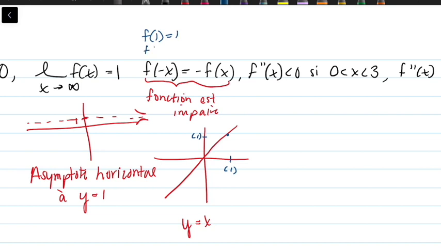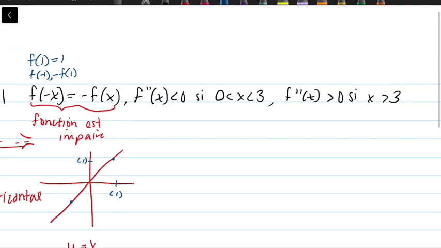Well, then f de moins 1 is going to be moins f de 1, and f de 1 is 1, so moins f de 1 is going to be moins 1. It's like a mirror image, but opposite. Fonction pair would be a mirror image to the axe des y, and if it's fonction impair, then you flip it this way and then this way. You'll see what it means after when I test the whole thing.